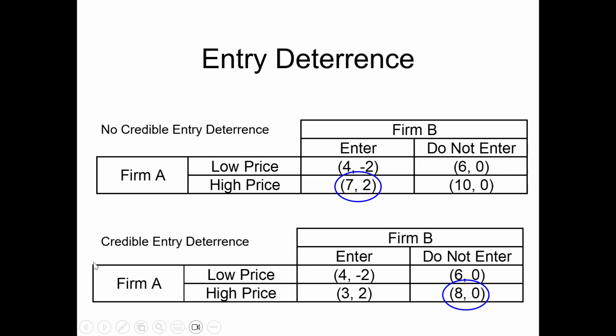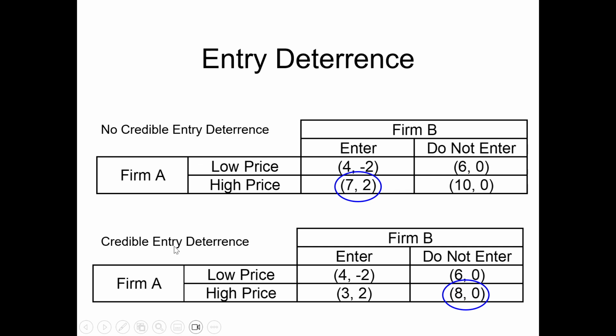And here we have credible entry deterrence, with the same two firms, 4 and -2 here, for a higher price and entering of the other party. Credible entry is a very risky one. If they want to have 7, 2, firm A has to be well established in the entire market.